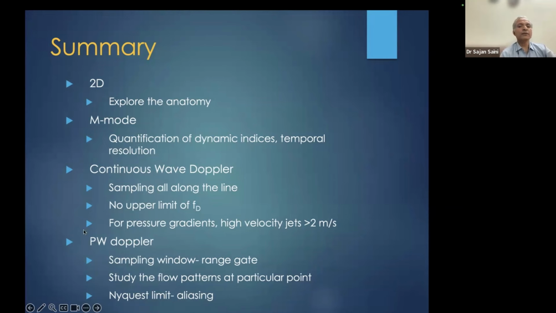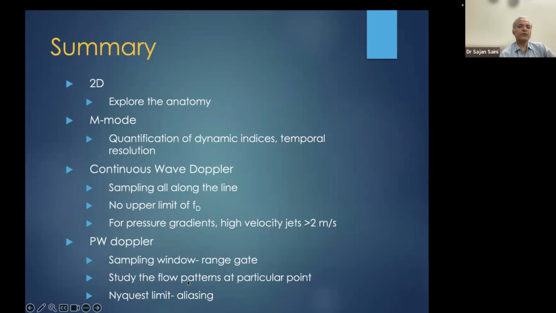The pulse wave Doppler is used when we want to sample the velocity of blood at a particular area, for example, the aortic valve or pulmonary valve, where we want to calculate the velocity of blood so as to calculate the left ventricular outflow or right ventricular outflow. We use a range gate in that particular case.